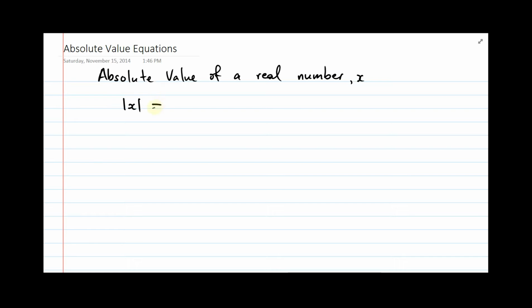And the formal definition is x is equal to itself if x is non-negative, and negative x if x is negative or less than 0. Yes, you did hear me correctly. I did say that this is non-negative, while this is negative.